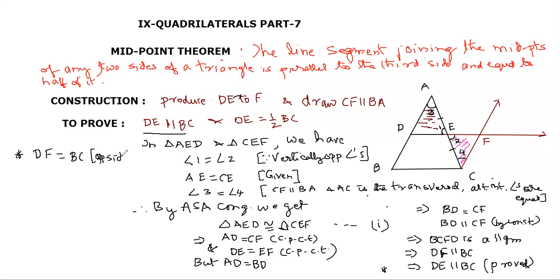Opposite sides of a parallelogram are equal. And DF can be divided by 2. So we can write 1 by 2 of DF will be equal to 1 by 2 of BC.